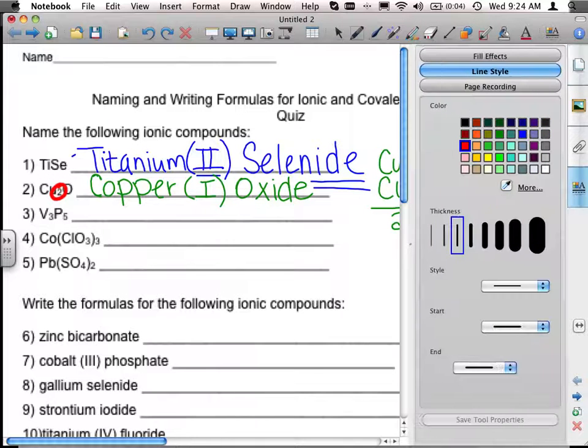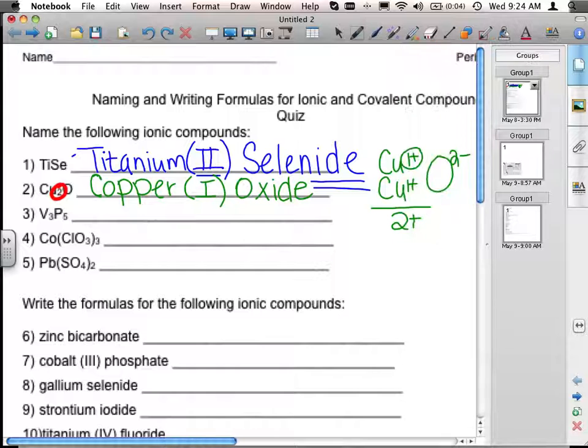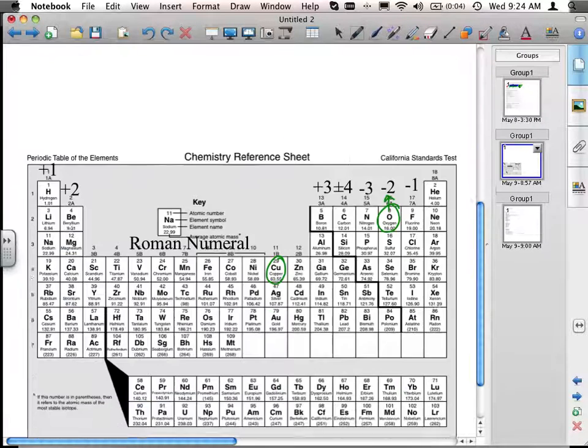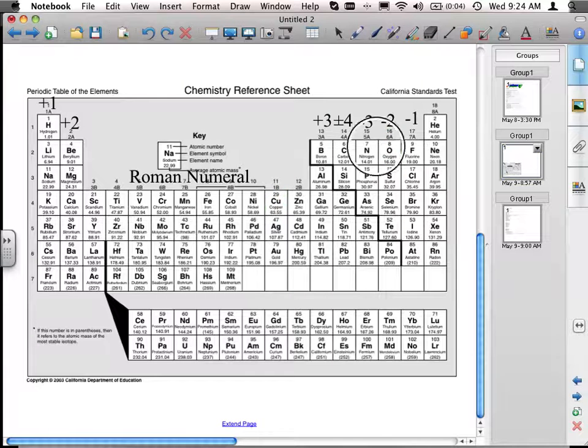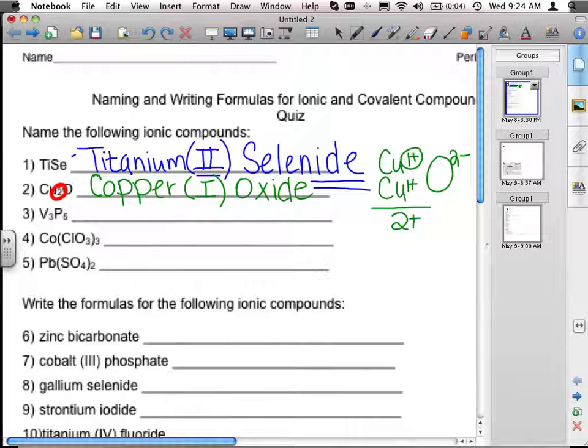Moving on to number 3. Number 3, V, we go to the periodic table to find V. V is also found in the middle section, stands for vanadium, meaning, again, I need a Roman numeral.